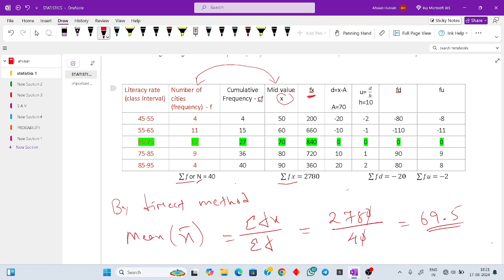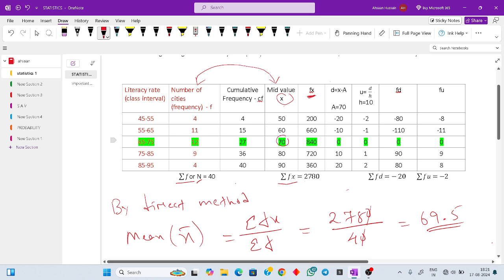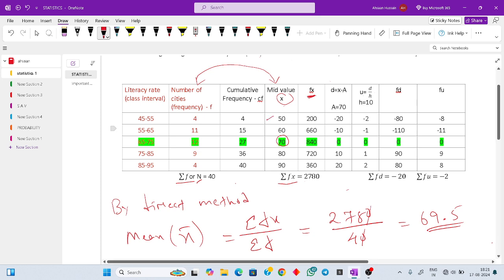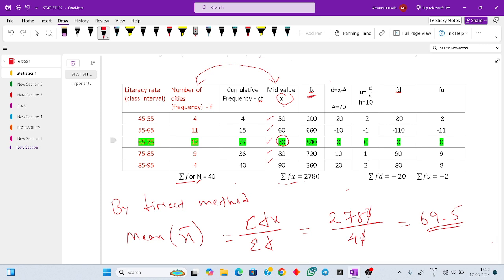Whatever lies exactly in the middle is our assumed mean. See, there are 5 rows, 1, 2, 3, 4, 5, and 70 is exactly in the middle. The middlemost value is our assumed mean.